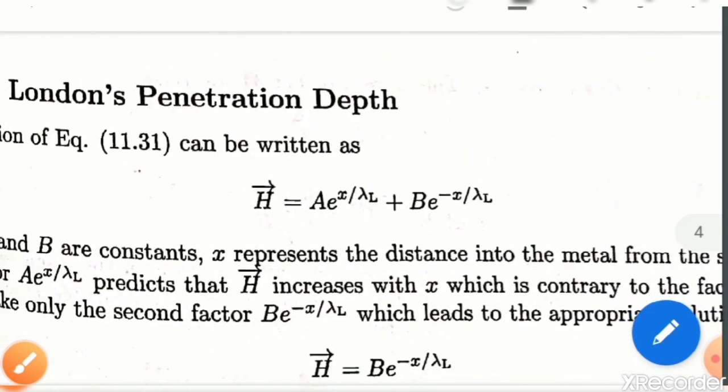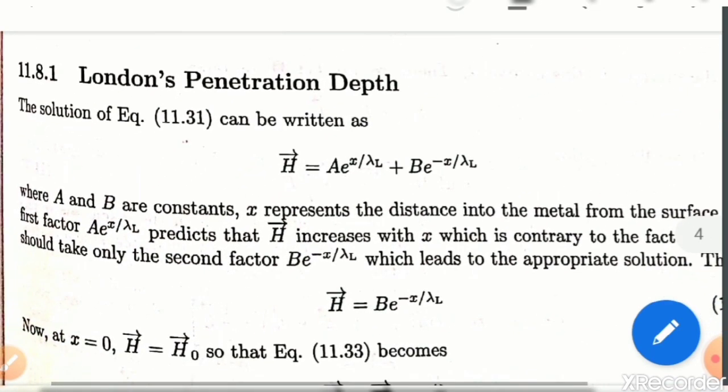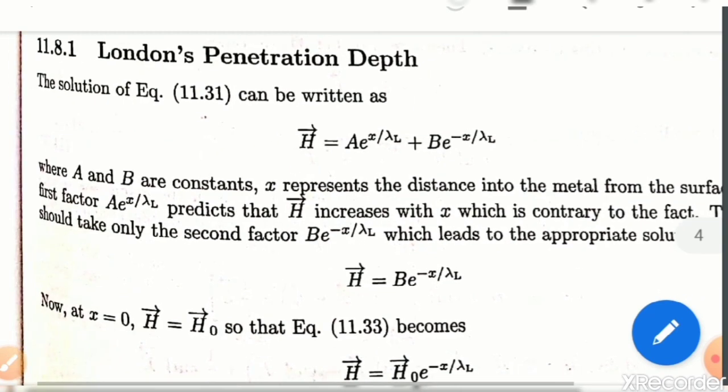But the fact is that it should decrease to 0. Now, this condition is satisfied by the second part. This second part indicates that H will decrease to 0 as we move inside the specimen. So, to remove the first term, we can take the value of constant a equal to 0.